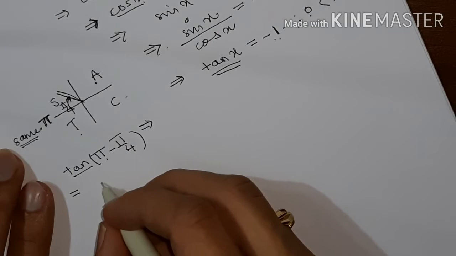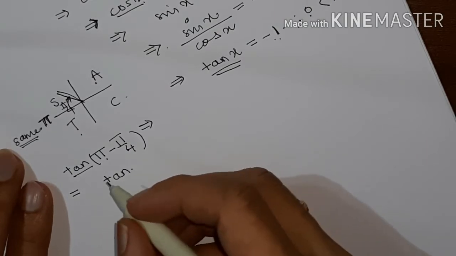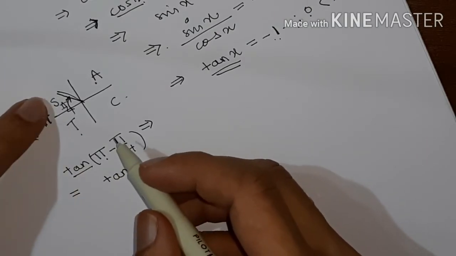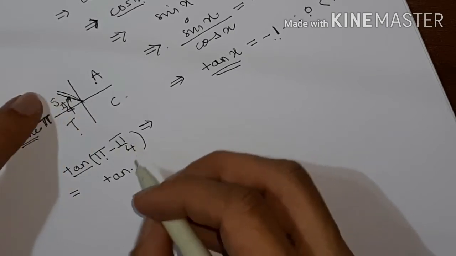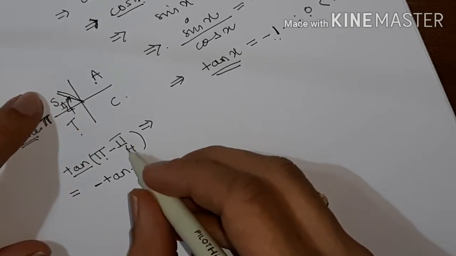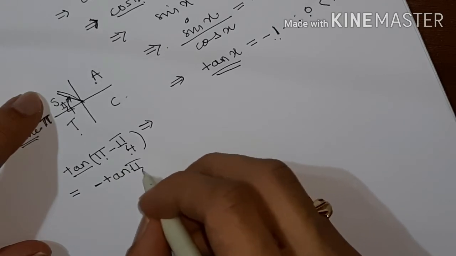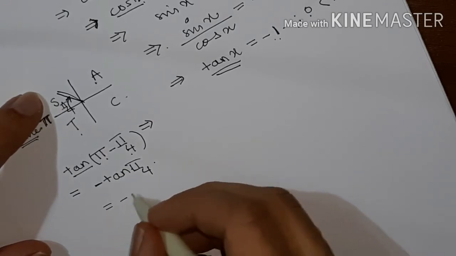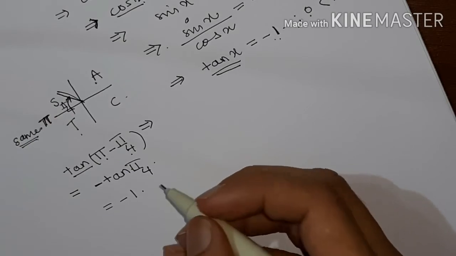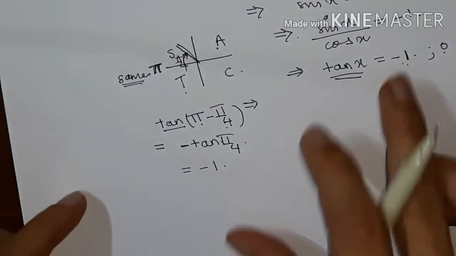Now the ratio will remain the same, tan, but you know that tan is negative here. Tan is negative, so minus you will get, and this theta without the sign is pi by 4. So what you get is -1, right? You're getting the value -1.